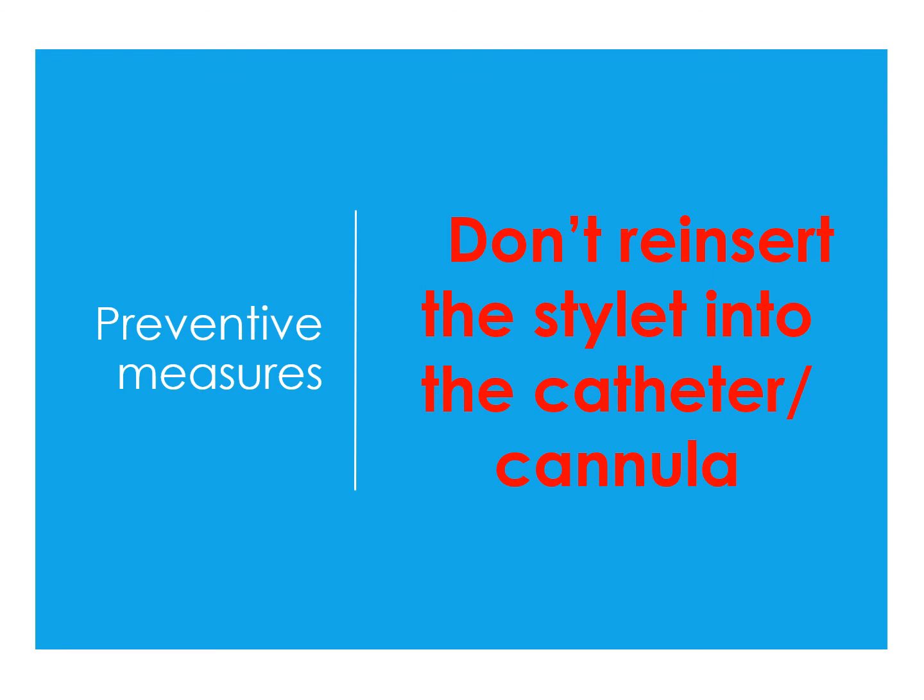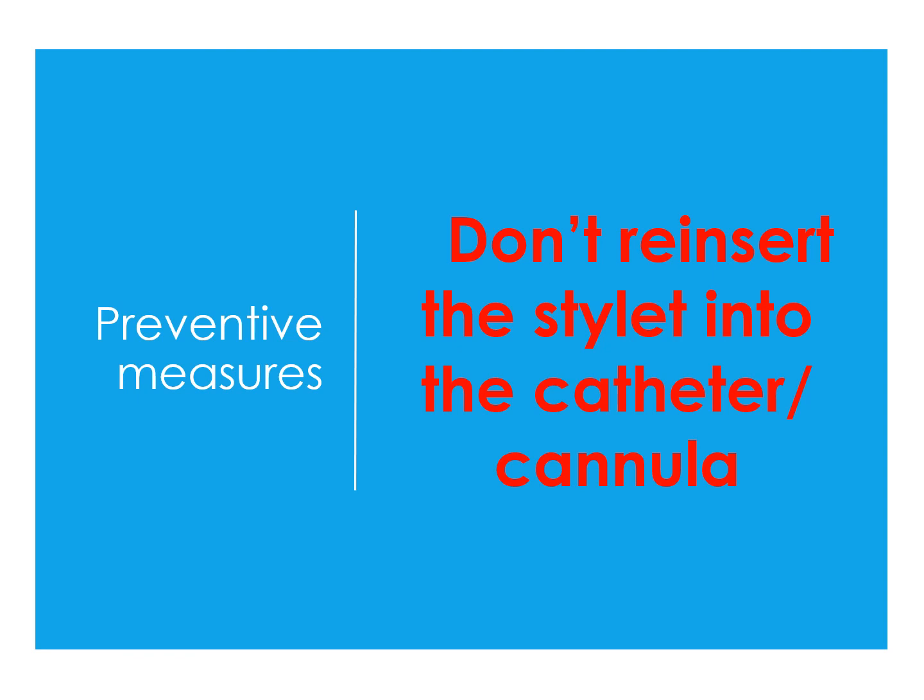It is a serious condition, but we can prevent it. How can we prevent it? It is a golden rule: do not reinsert the stylet into the catheter cannula. When you are cannulating the patient, we are inserting both the catheter and the needle in the vein.